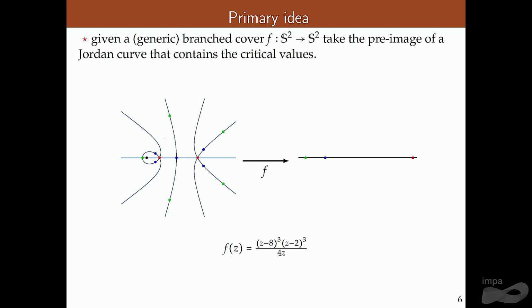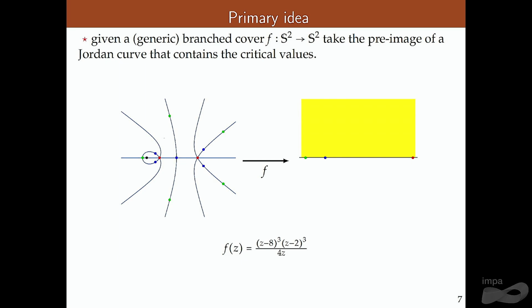The core idea is to consider your branched cover, so you take a Jordan curve passing through the critical values, then you push this by the branched cover. Imagine like this will appear.